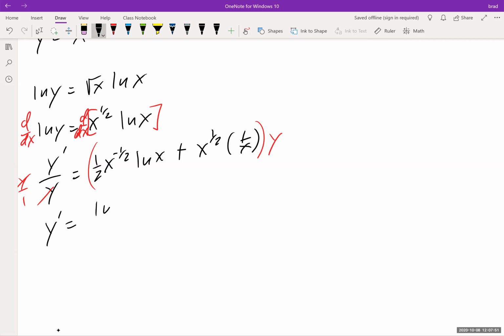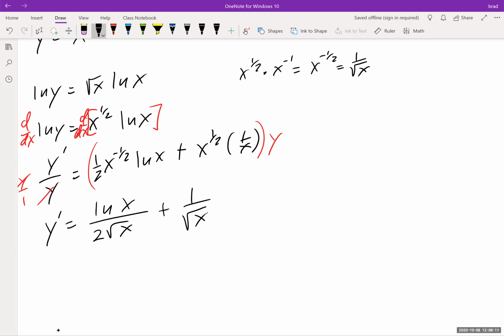So this will become the natural log of x over 2 square roots of x, and this will become 1 over the square root of x, because this is x to the 1/2 times x to the negative 1, which is x to the negative 1/2, which is 1 over the square root of x. So that's where I got this from.